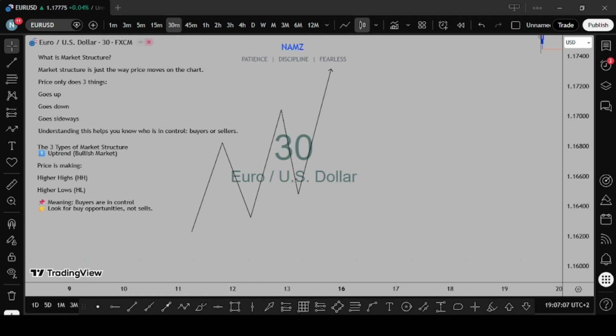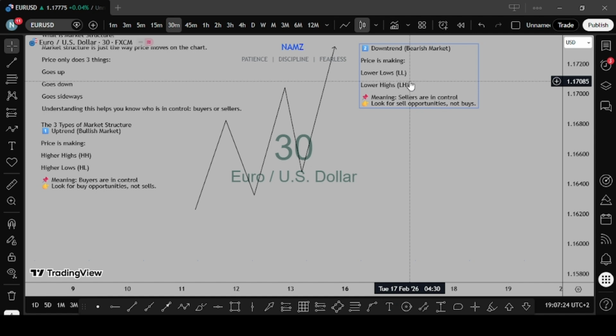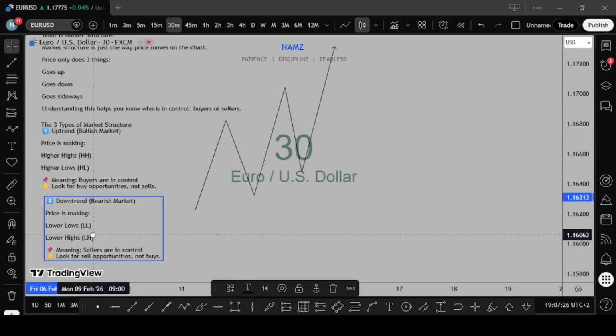In another one, in a downtrend or in a bearish market, this is what you are to expect. Where's my tool? Okay, let me just pull it up and then I bring it here.